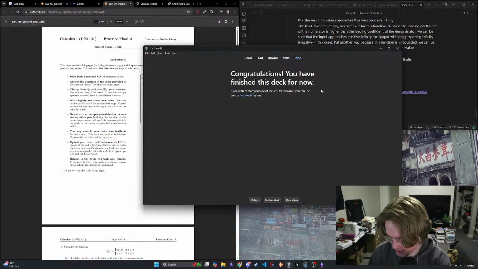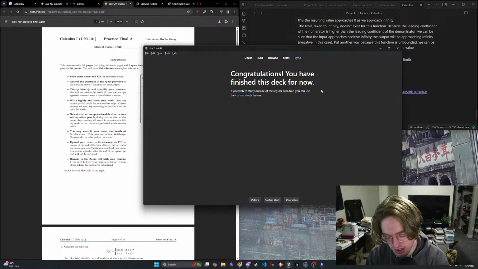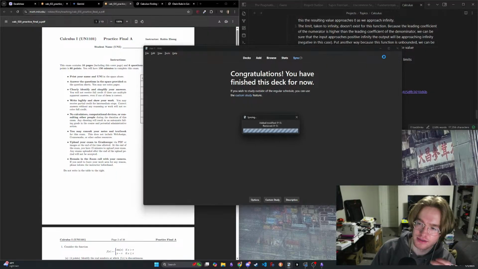So the infinity over infinity and 0 over 0 is with indeterminate functions. It's a similar situation, but that's when we use L'Hopital's rule and not algebraic manipulation.